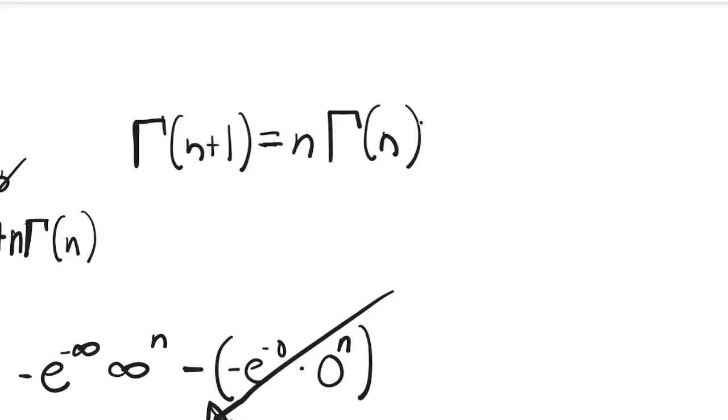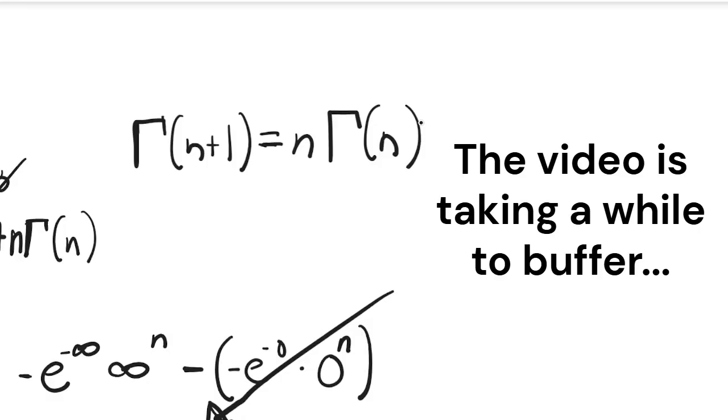So this will be gamma of n is the same as n minus 1 times gamma of n minus 1, but we can relate gamma of n minus 1 with one less of the argument.